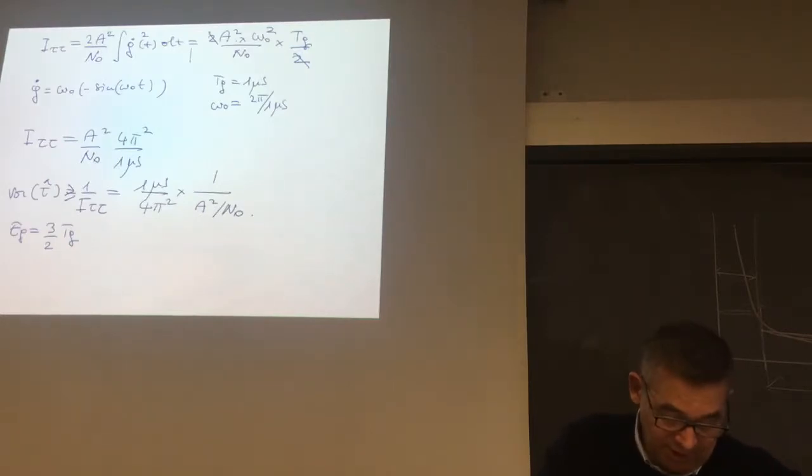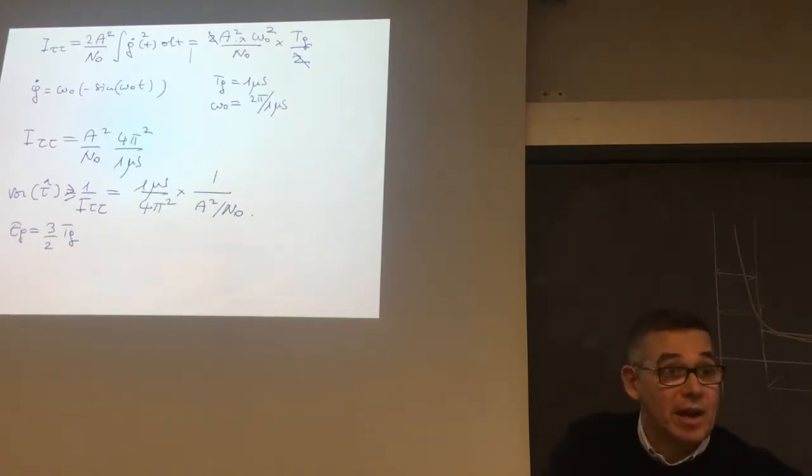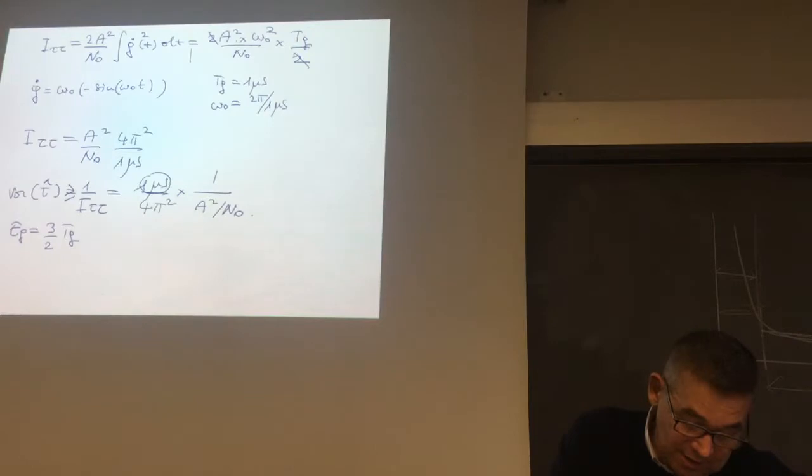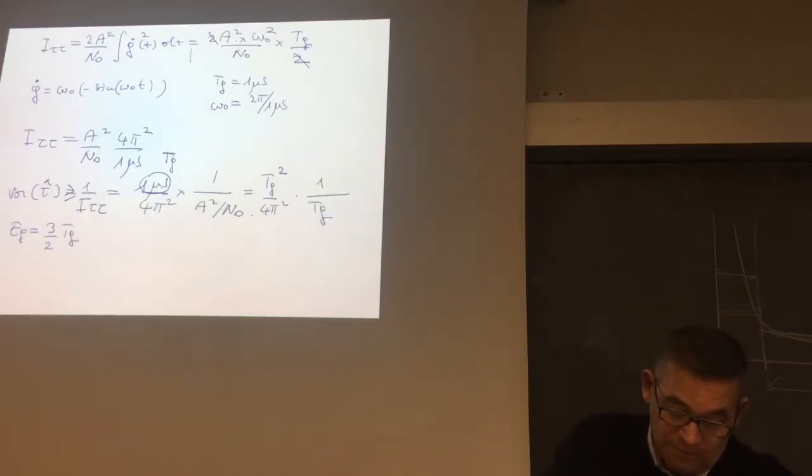So I can multiply and divide by Tg. Tg is the duration of the waveform. So I can write it this way. This is Tg squared divided by 4 times pi squared. And then I divide by 1 over Tg.